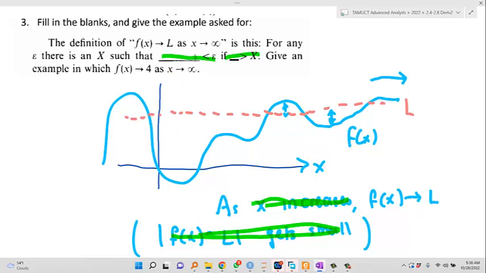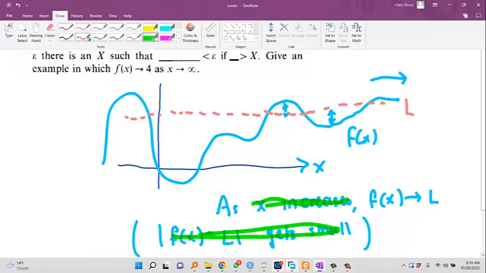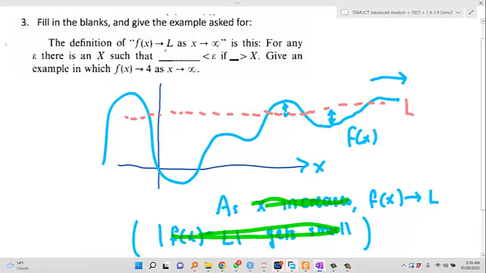Up here it's saying that this thing here gets small when this thing here gets big. So what's getting small? What's getting small is the difference between f of x and L. So in fact, that's what the answer is in this box here. What goes in this box is in fact f of x minus L, absolute value.